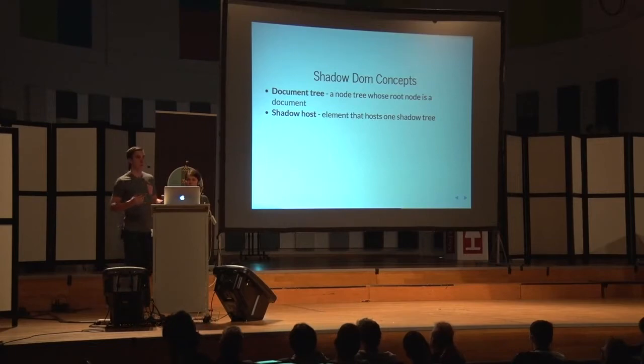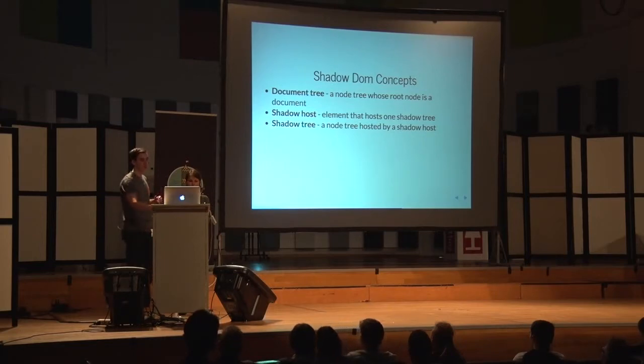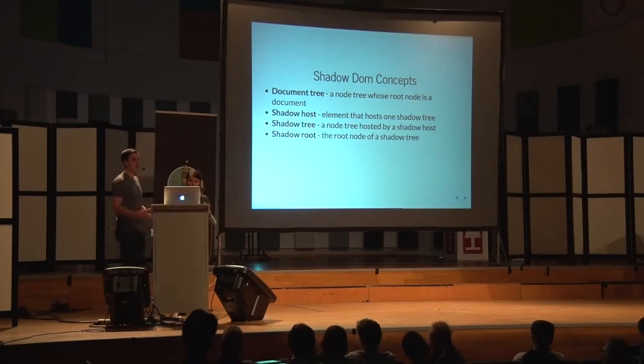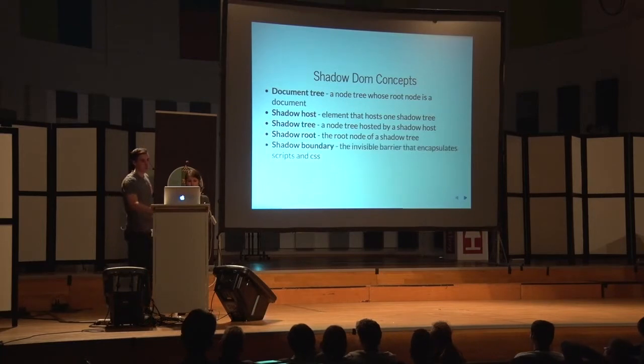It's not part of the shadow DOM itself, but it's the connection to the shadow tree. We'll see in a picture later how this works. We have the shadow root, which is basically the same as the root node of a document, but then of the shadow tree. And the shadow boundary, which is basically the invisible magical field around the shadow DOM.